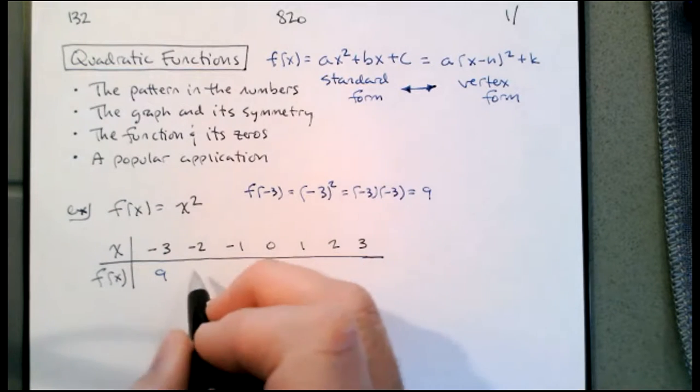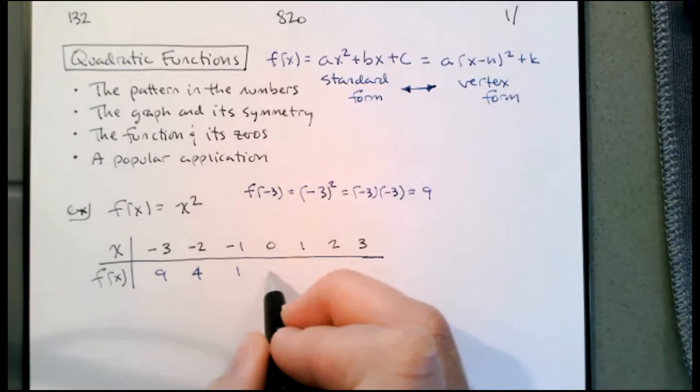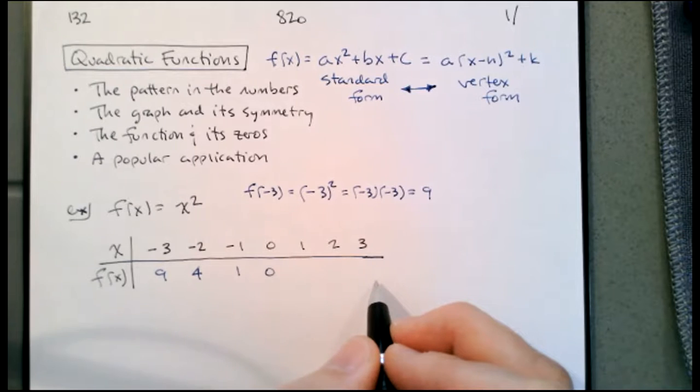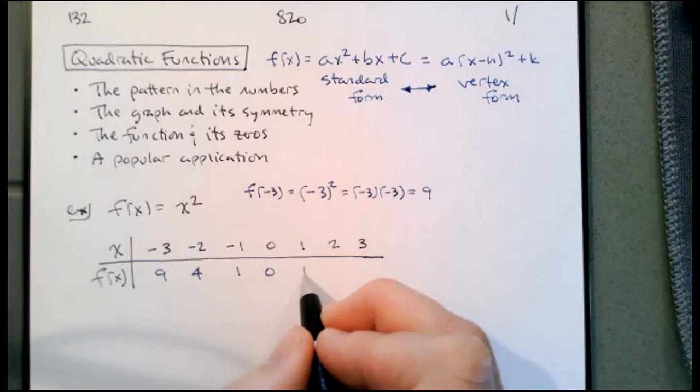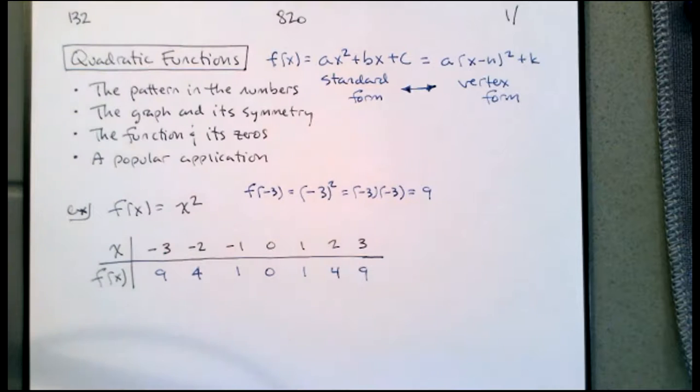Following along, negative 2 squared is 4, negative 1 squared is 1, 0 squared is 0. And then we're going to have a copy of the left side over here on the right side. 1 squared is 1, 2 squared is 4, and 3 squared is 9. This is because we're raising to an even exponent, and even exponents do not respect negatives.